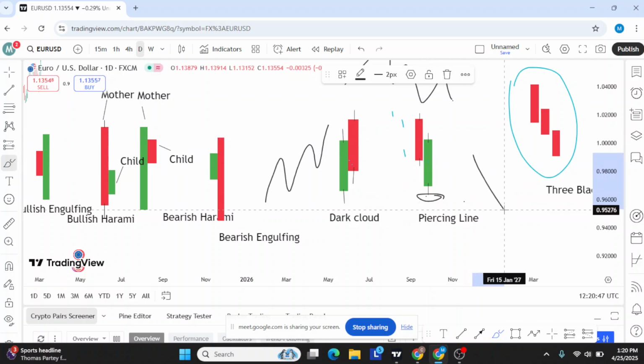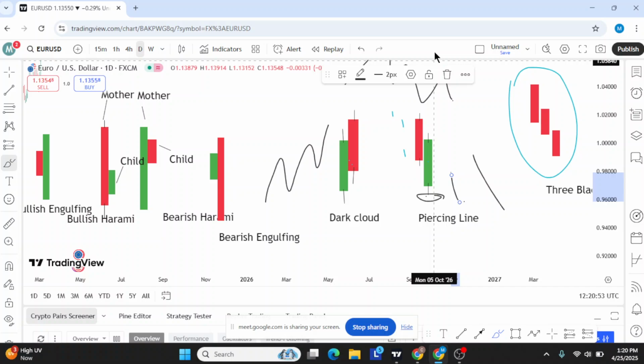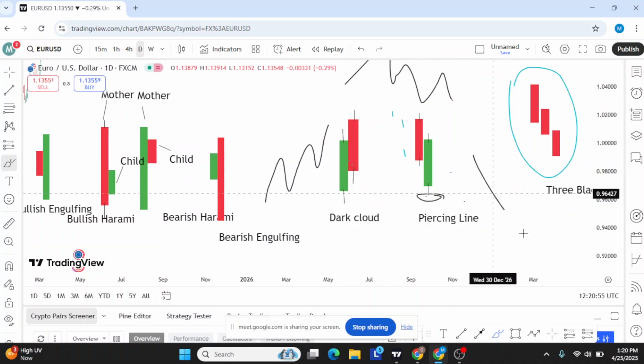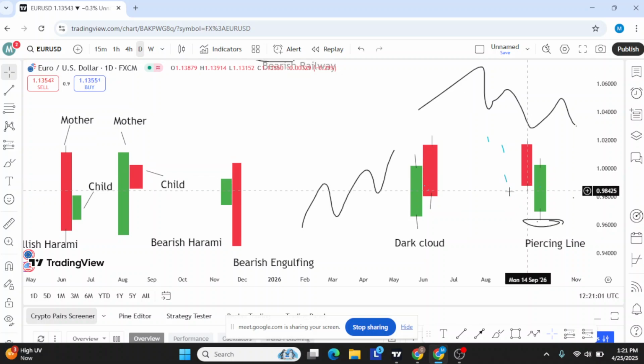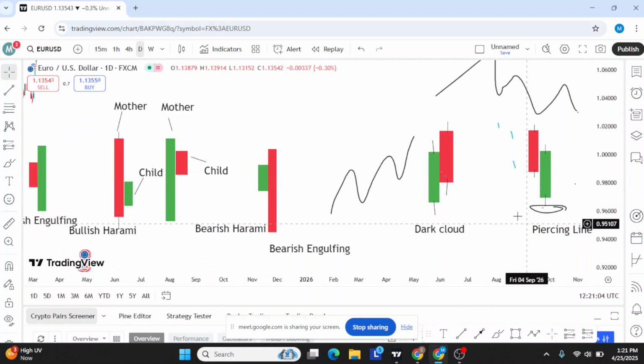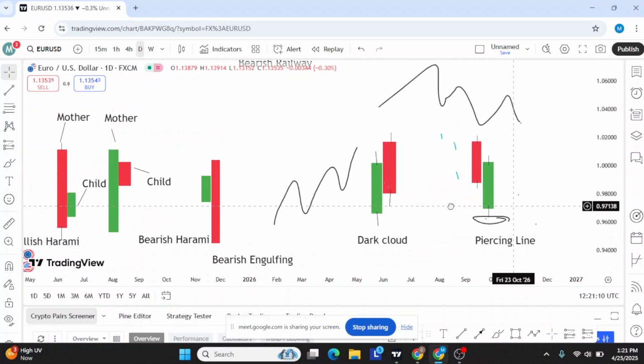So with this formation, it is an indication that the sellers failed to continue pushing the price down. The sellers failed and the buyers stepped in. It's an indication that the buyers really want to push the price up from where we are seeing.